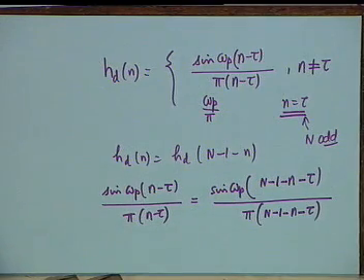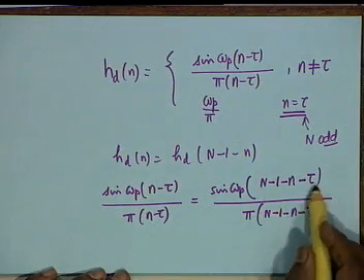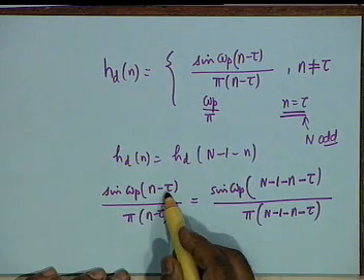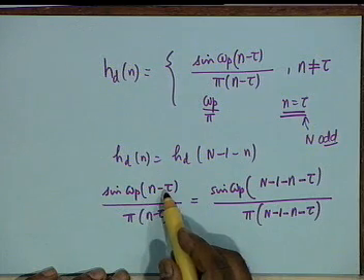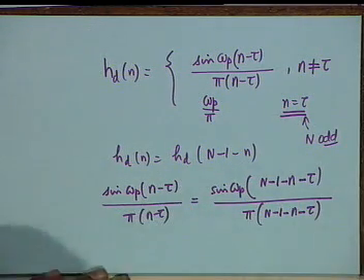And this is possible only when this quantity is the negative of this quantity, right? They could be equal, but if they are equal, then you see they are equal only for a particular value of n, right, which is not what we want. They should be equal independent of the value of n.